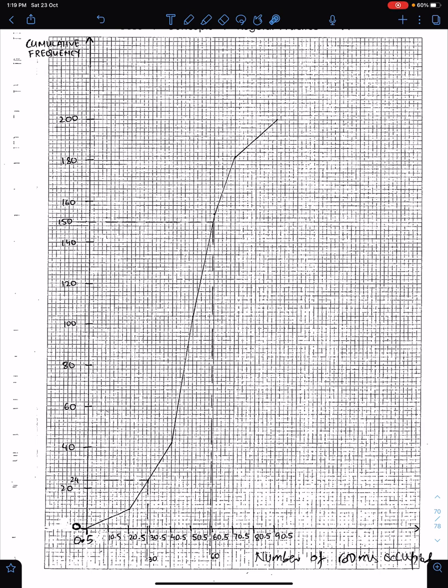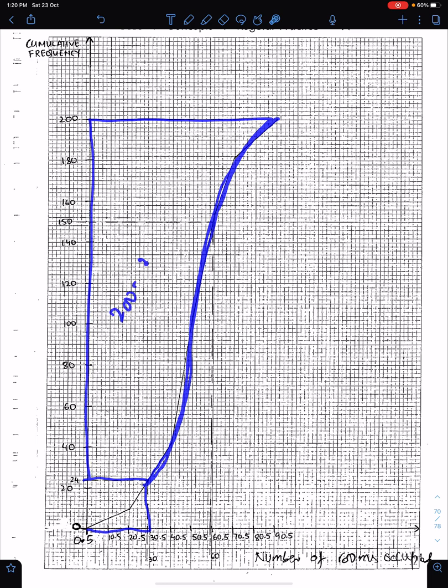This is simple, 30 rooms here. This is horizontal axis, so you can get this easily. So this one, so these are the days for which over 30 rooms were occupied. 200 minus 24, I think 176.